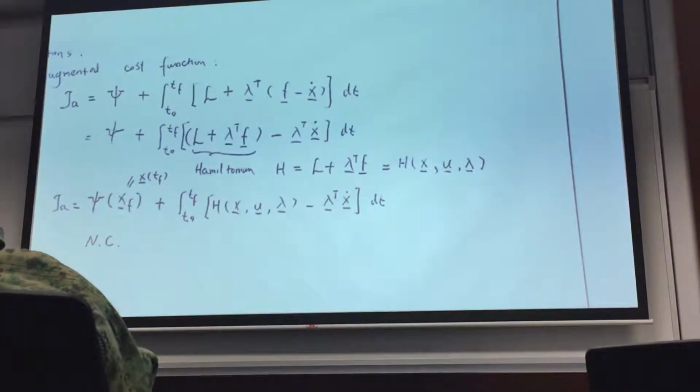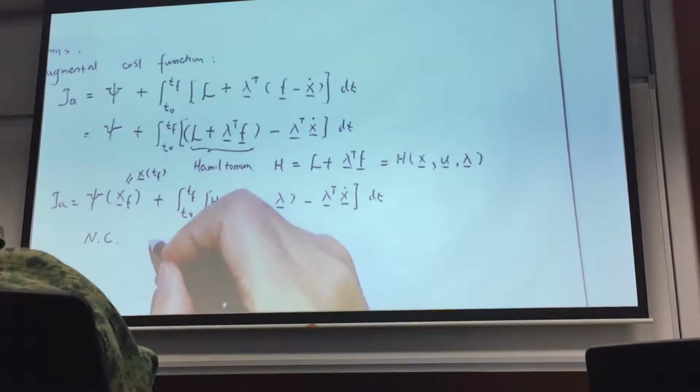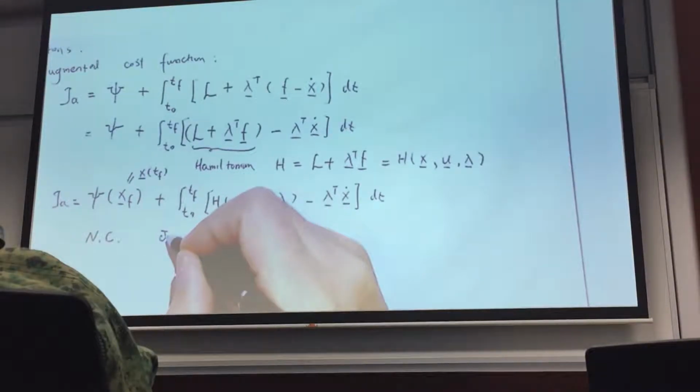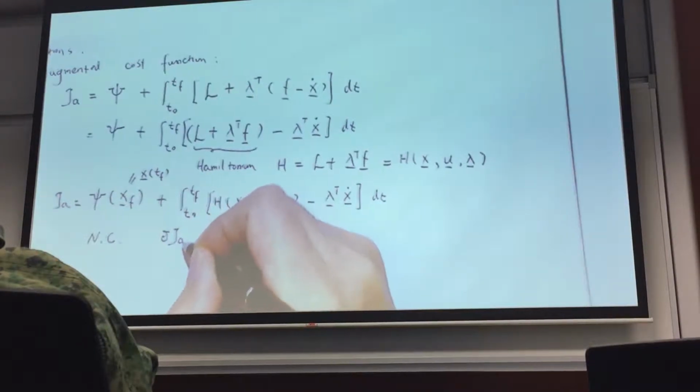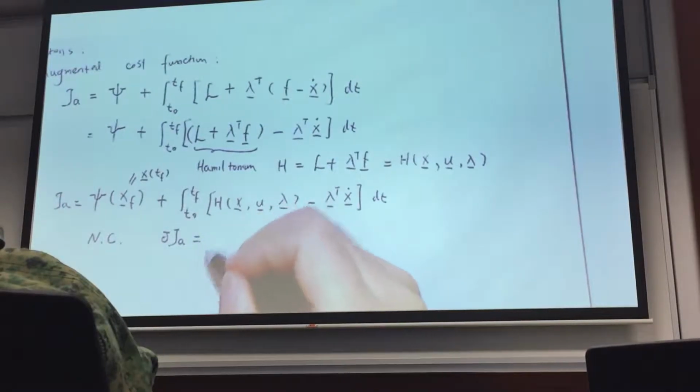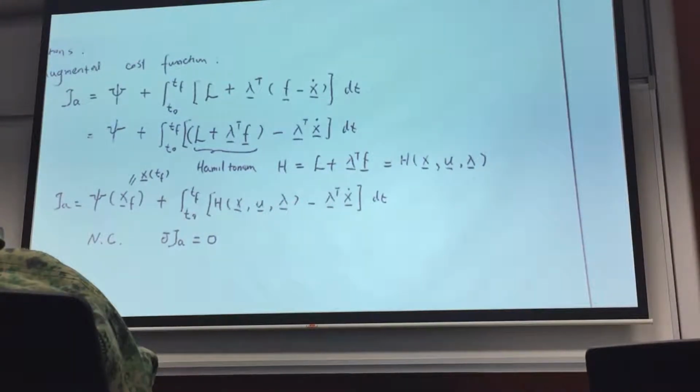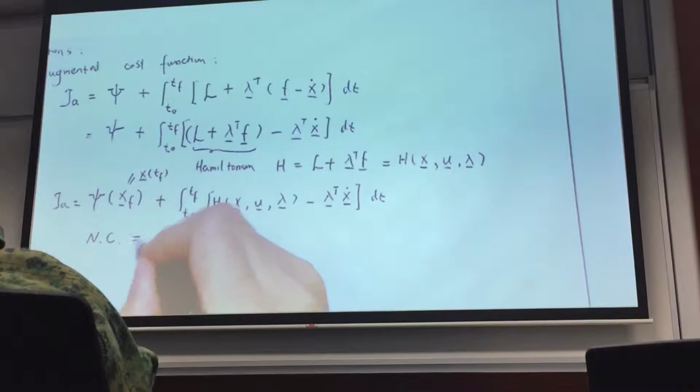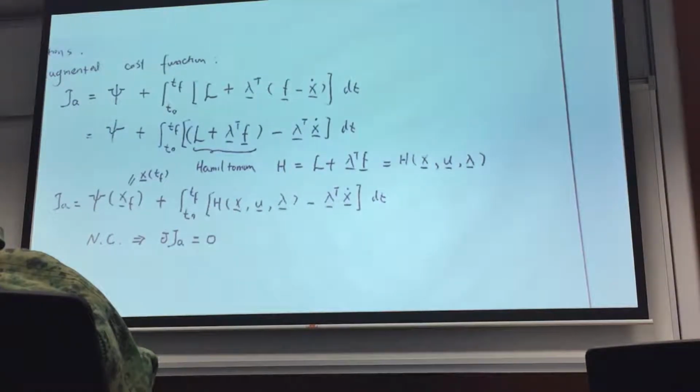Then the necessary condition is to have a perturbation, delta J_A equal to 0. So this will be our necessary condition. We will derive our necessary condition by using this equation. So delta J_A equals 0 for any small perturbations.